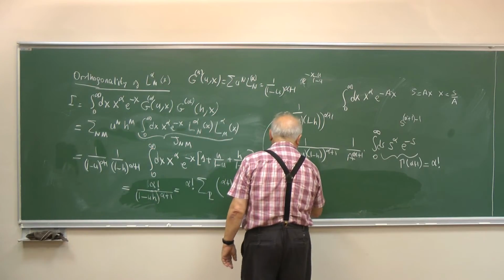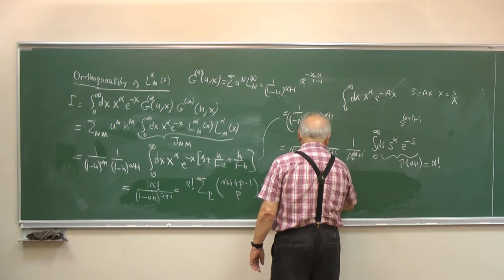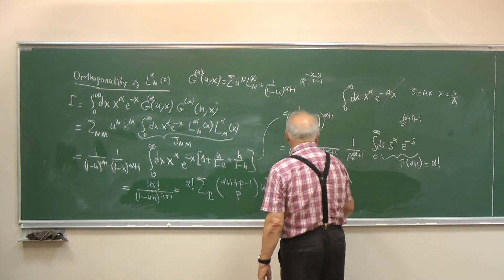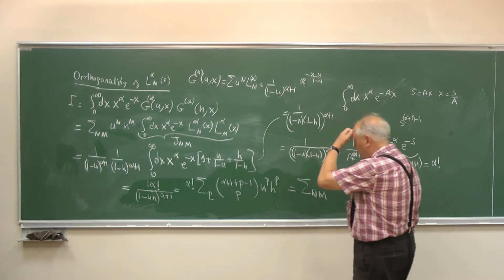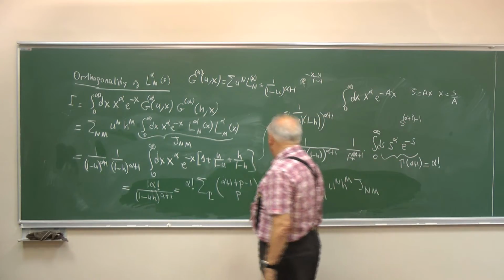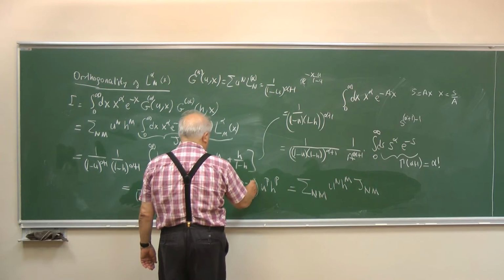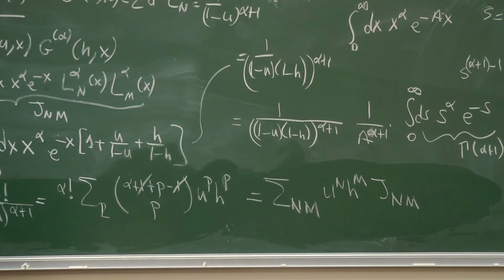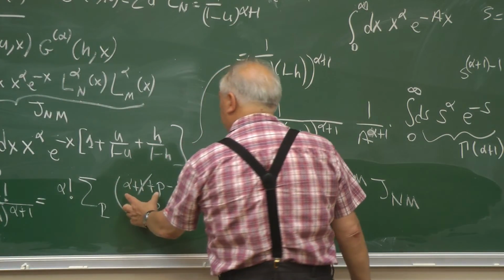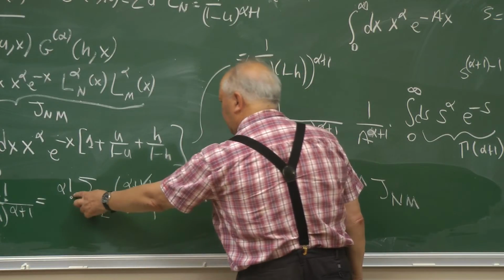The sum over n and m of u^n h^m Jnm. Let me, this is (alpha plus p) factorial divided by p factorial times alpha factorial, which cancels that.